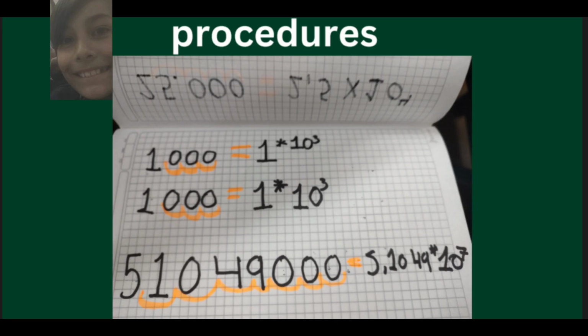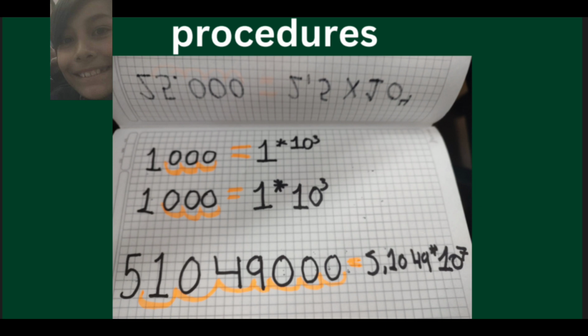Well, the procedure to obtain these numbers is this one that you can see. You have to obtain a number greater than 1 that is also below 10. So these are the requirements for scientific notation. For example, we are going to choose 51,049,000. You can see that there is no comma.